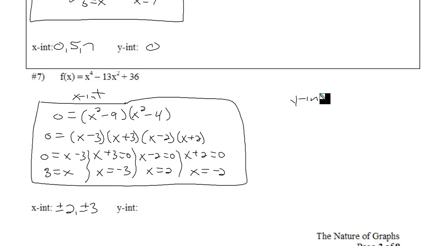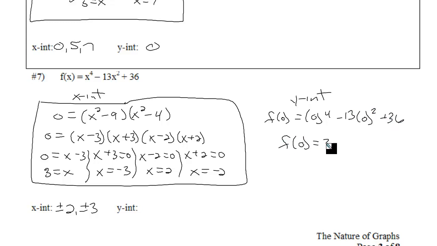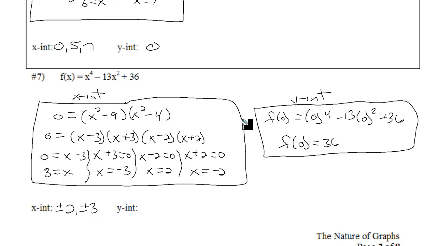To find the y-intercept, simply replace the x values with 0. So you get f of 0 equals 36. Y-intercept, 36.